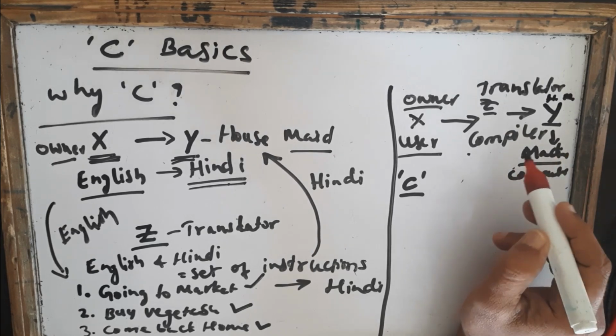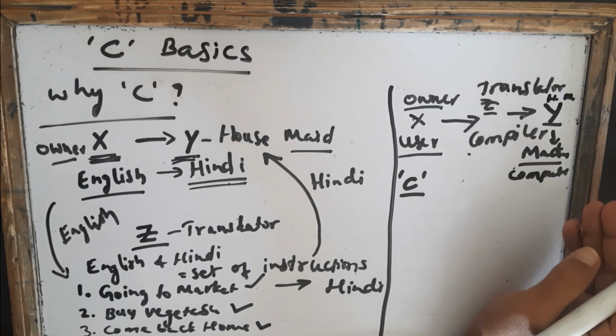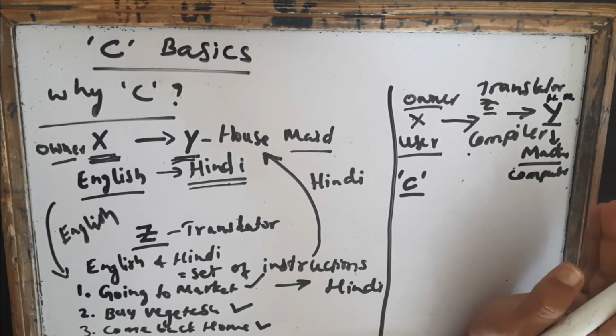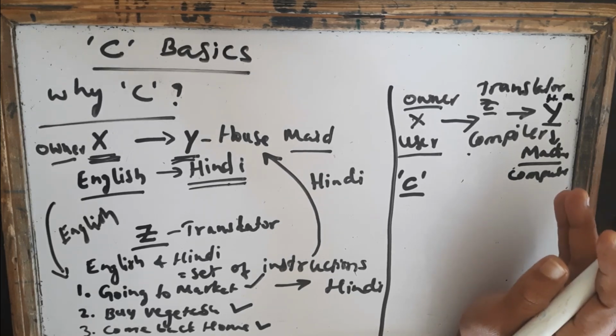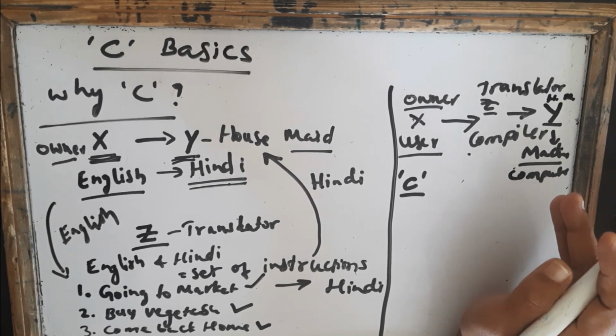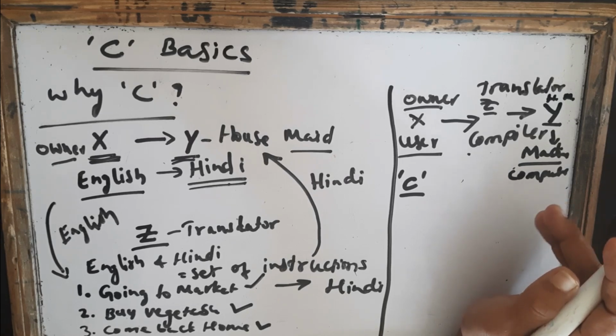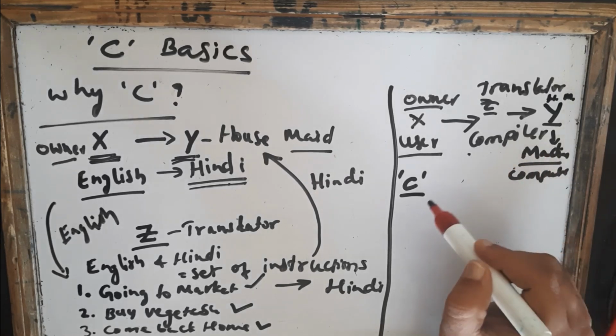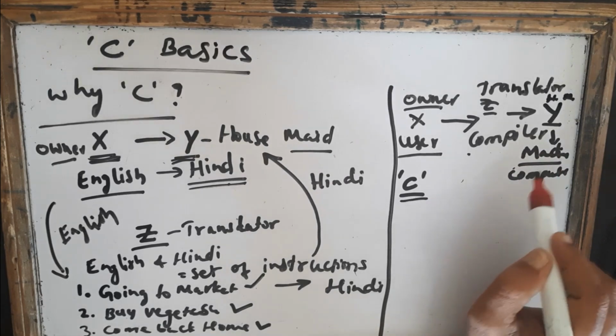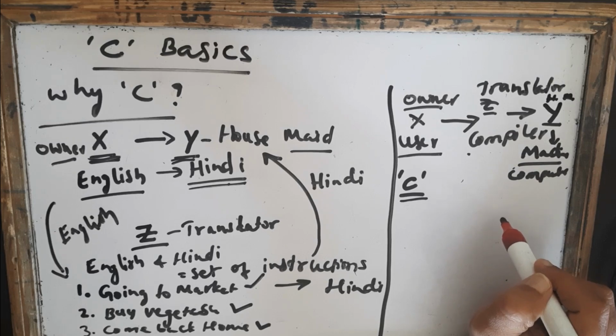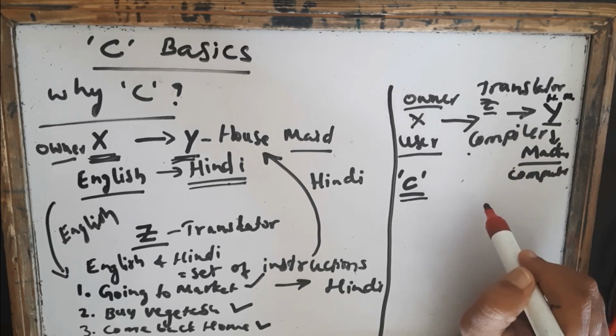Then we feed everything into the machine memory, and that machine will execute the set of instructions one by one to get the work done. So we need not understand what machine language does and what the compiler will do.